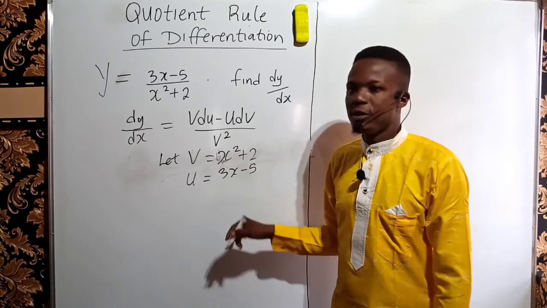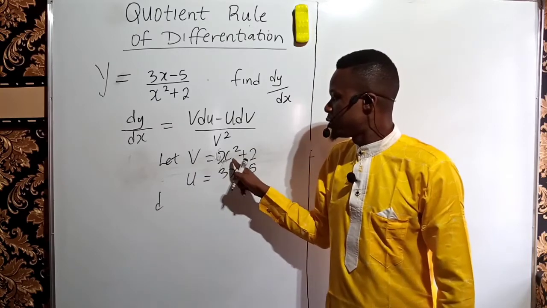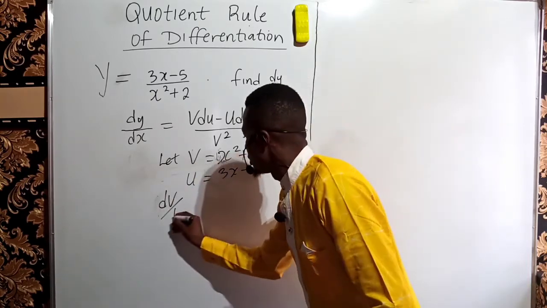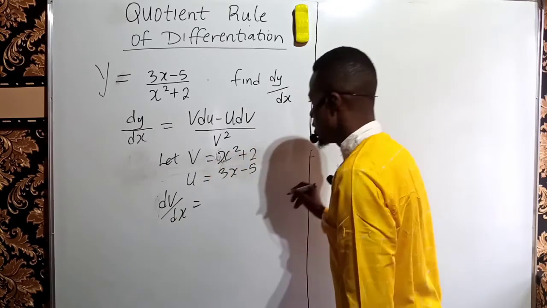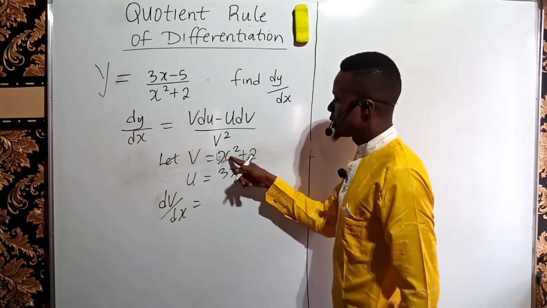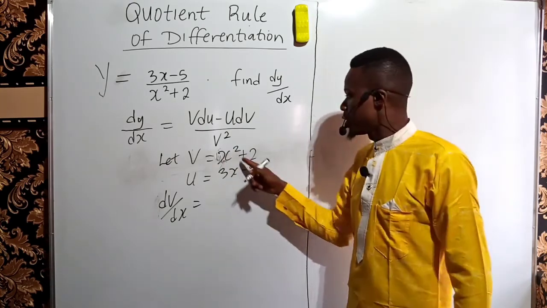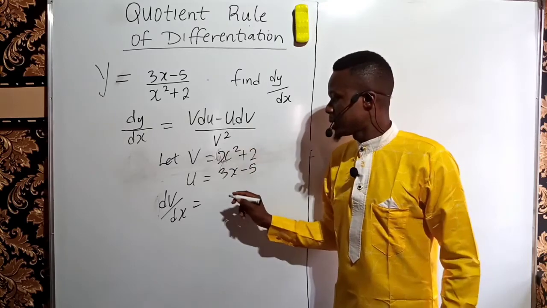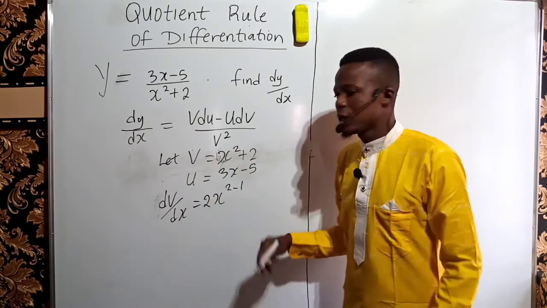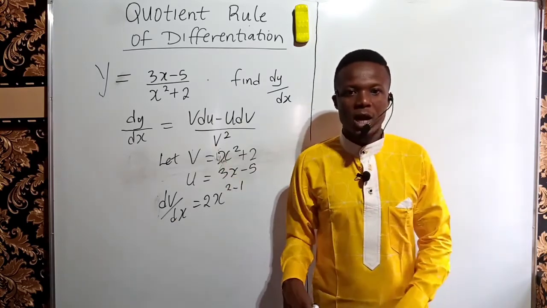So let us get dv. It means differentiating v with respect to x. So dv/dx will be differentiating x squared, and from the formula for differentiation, the 2 will come to the front, x to the power of 2 minus 1. You always remove 1 from the power whenever it comes down.